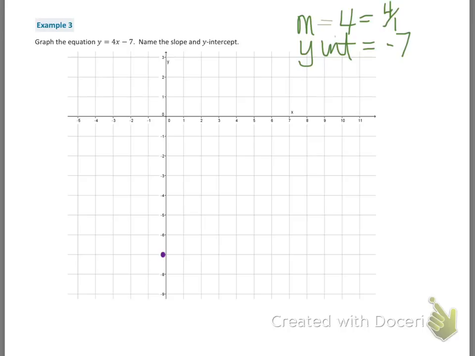So that slope triangle would look like this: come over 1, and up 4, like so. So we can put another point right there, and then draw our line. I can't get it in the right place. There we go. So there's our 2 points, and we can draw the line. So when the slope's a whole number, just remember to express it as a ratio so that you can get that horizontal change.